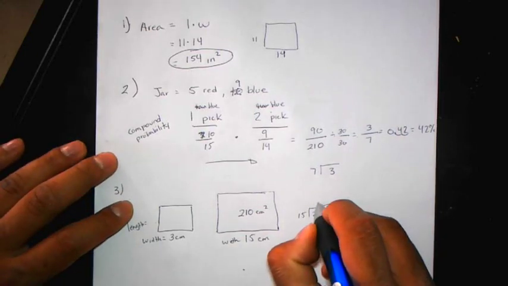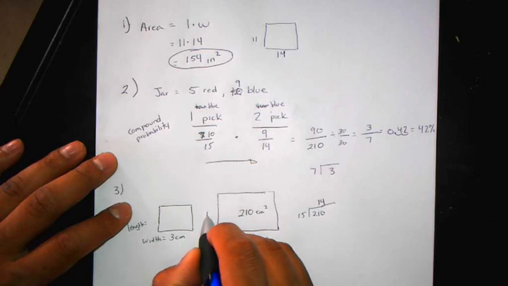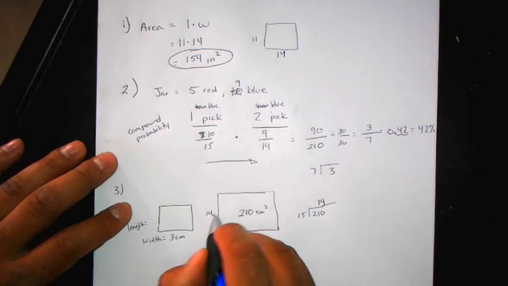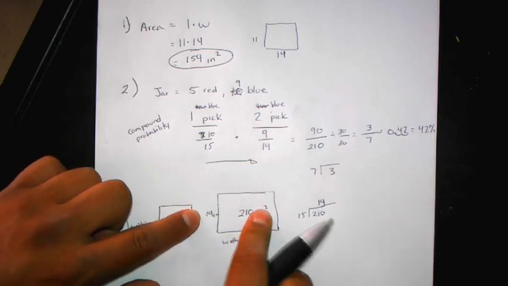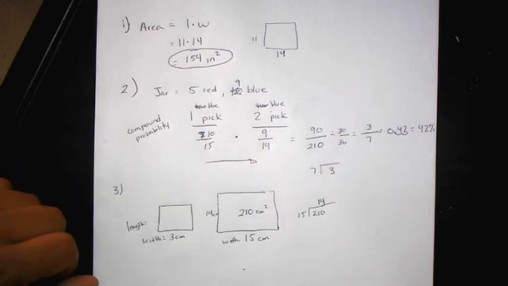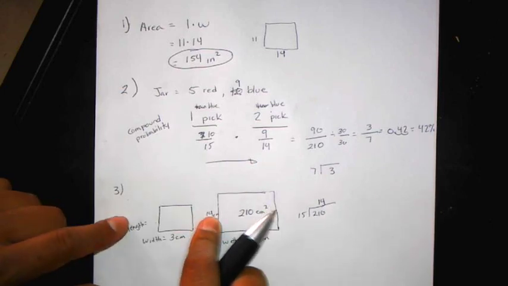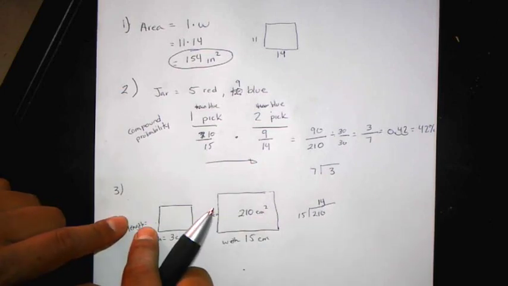And if you did your division correctly, you're gonna find out that the answer is 14. So my length times width gives me an area of 210. Okay, and I know the missing length here, but the question is asking what is the missing length over here.